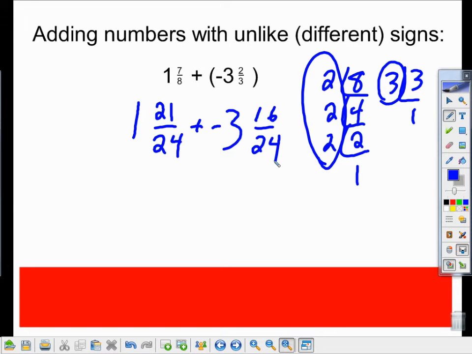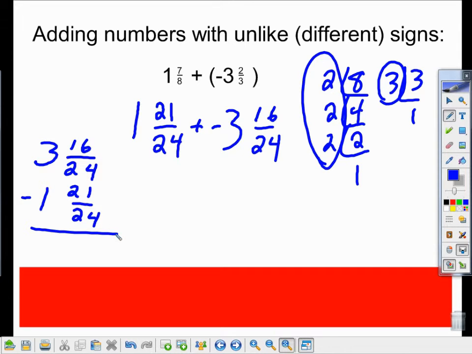Now we have unlike signs, or rather different signs, so we're going to find the difference. For a short moment, we're going to forget which one's bigger and which one's smaller because of that negative sign, and we're just going to look at the numbers. What we're going to end up doing is 3 and 16 24ths minus 1 and 21 24ths.